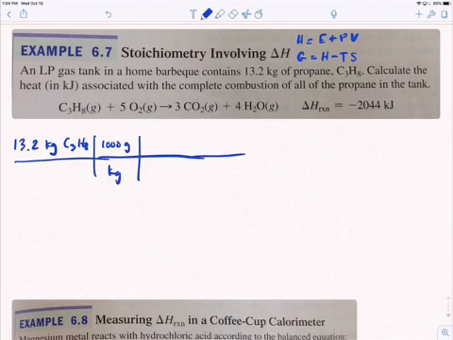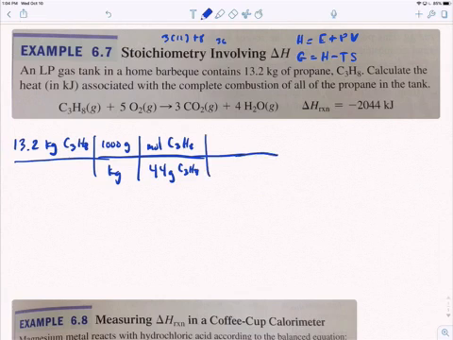Okay, C3H8, so 3 times 12 plus 8. 3 times 12, that's 36, plus 8, that's 44. Also the same as carbon dioxide. 44, oh, I got it on the wrong side. 44 grams of C3H8 per mole C3H8, is that right? So 36 plus 8, that is in fact 44. Okay.